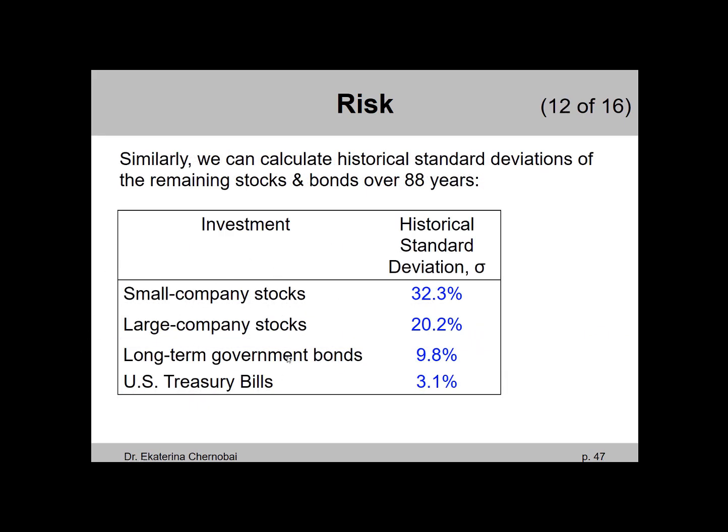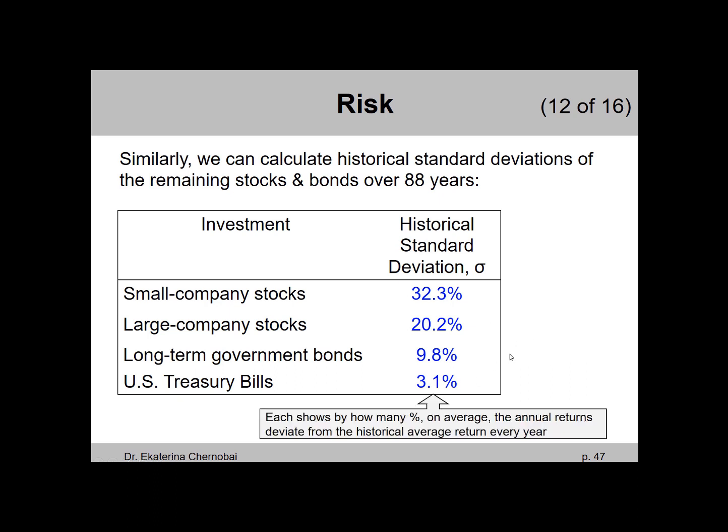When we do this math for each of our 4 investments, so small company, large company stocks, long-term, short-term government bonds, then once we do the math, we would get the following results. And the highest risk is where we see the highest standard deviation, 32.3%, small company stocks. That was the line that lies above all other lines.